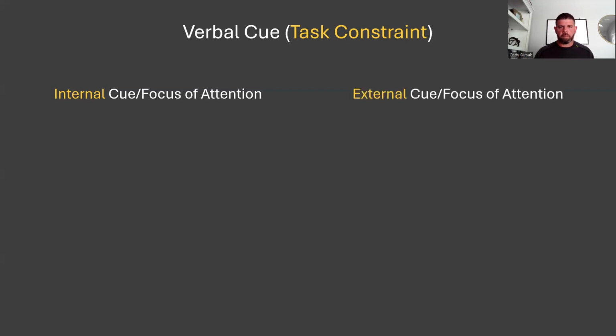External cues, or external focus of attention, are verbal cues that are directed towards the outcome of the movement or outside the body. Internal would be a body part like a hip, knee, or elbow. An external cue would be belt buckle, shoe, or ground, right?